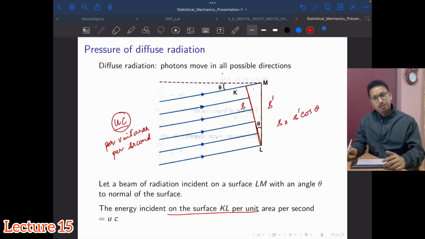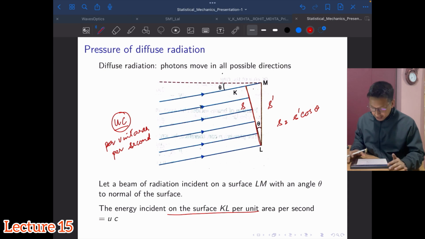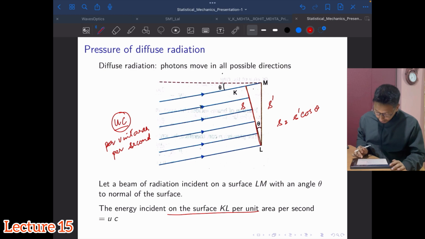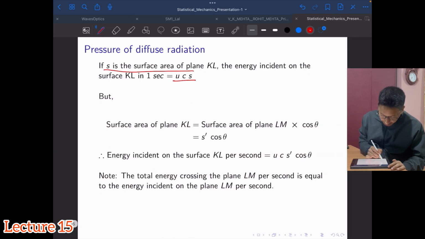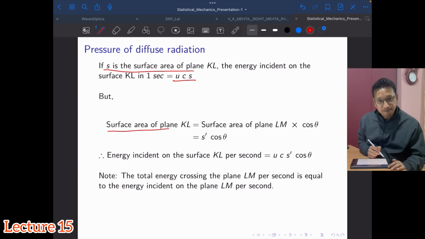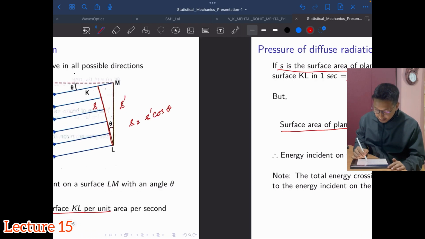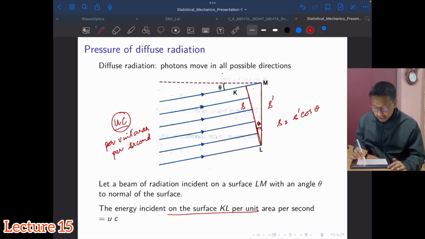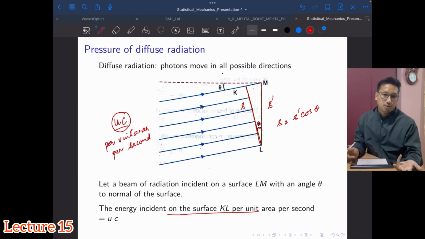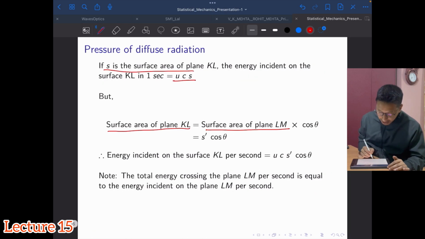We have done this in earlier physics courses. The surface area of KL is equal to the surface area of LM into cos theta, because the angle is theta, so the component of S dash along the KL surface is cos theta. So S equals S dash cos theta.